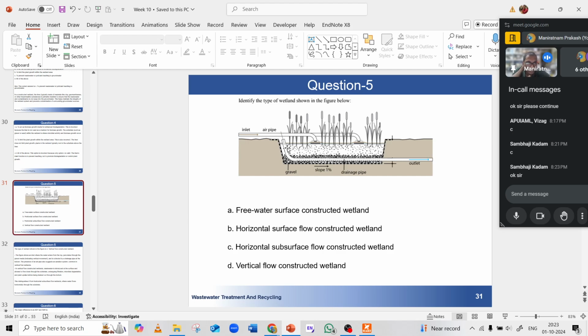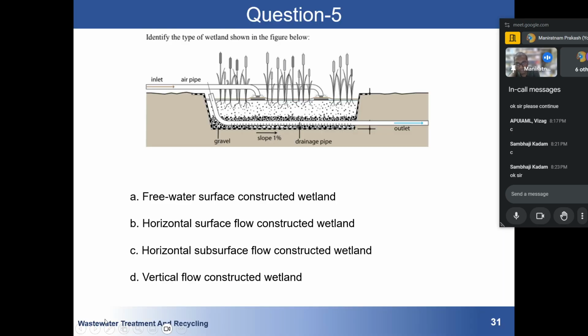If we are looking at the movement of water, always look at how the water coming into your wetland is moving. Here you can see that whatever water is coming, it comes here and then goes downwards, and finally there will be a pipe which will have some kind of outlet.